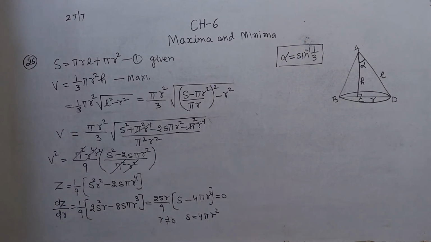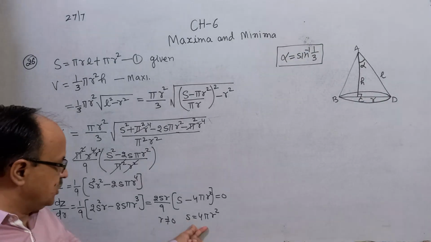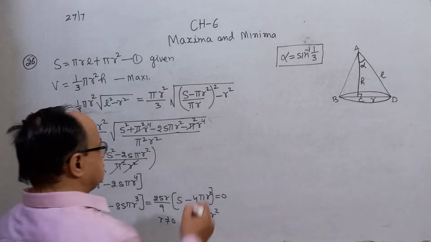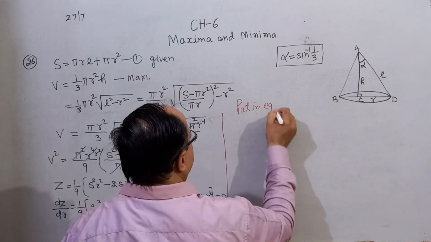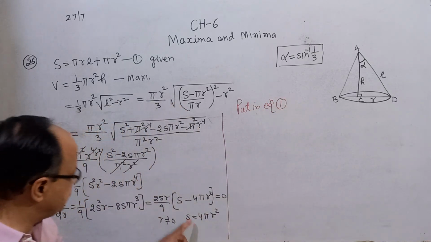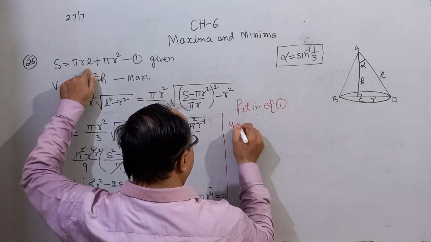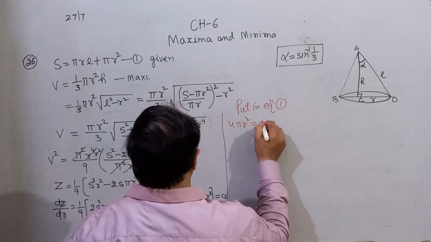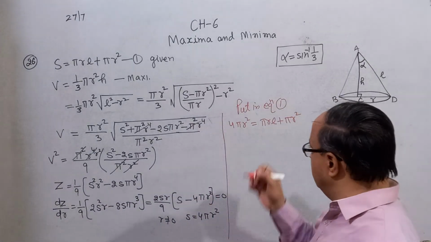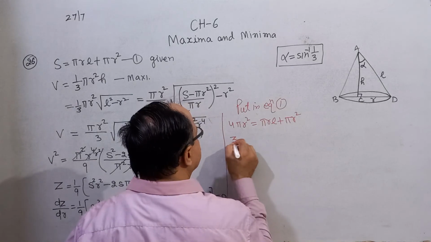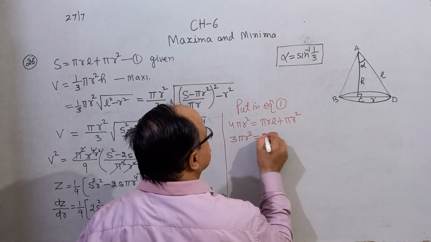Now check. Put this value in equation number 1: 4 pi R square is equal to pi RL plus pi R square. 4 pi R square minus pi R square is 3 pi R square, equal to pi RL.